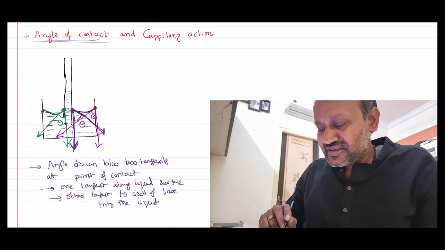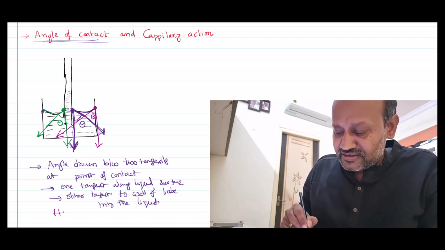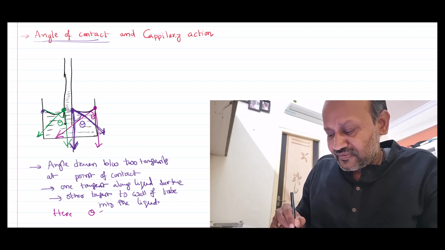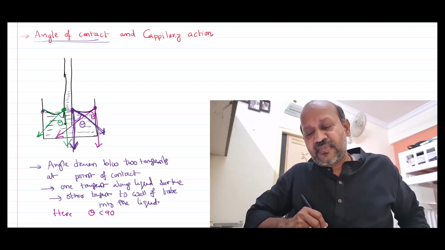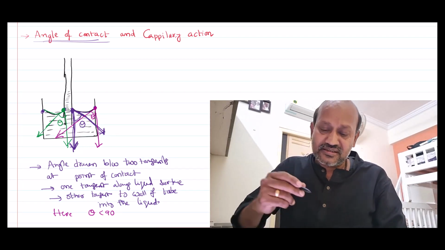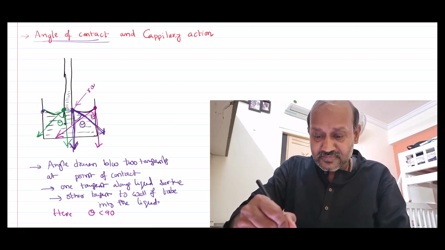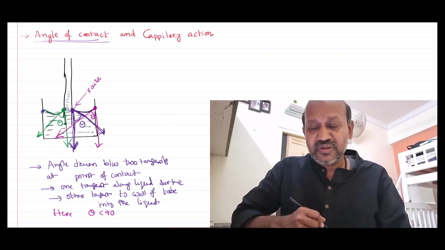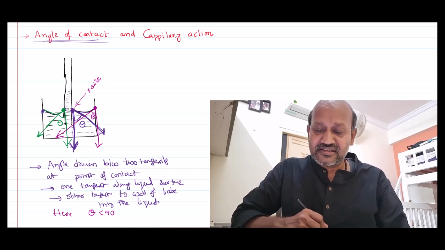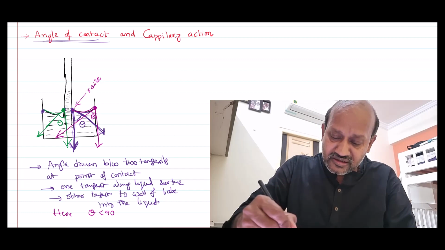So if you notice in the given diagram, the angle of contact is less than 90 degrees. What do you mean by angle of contact less than 90? It means you can see the rise of the level here, and the surface acquires a concave shape.